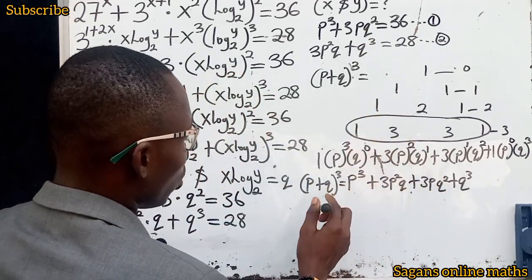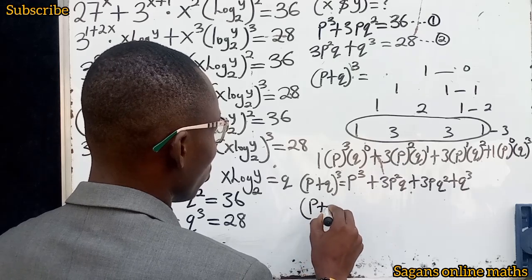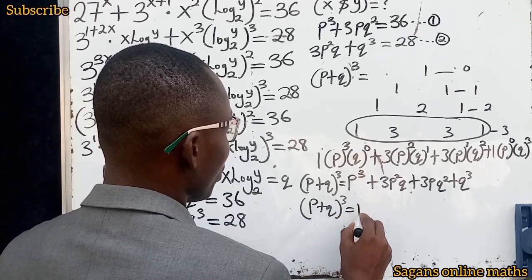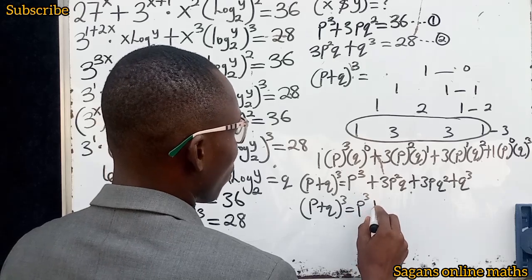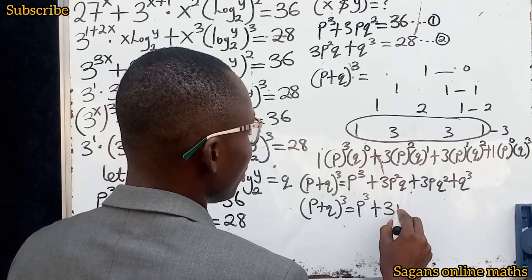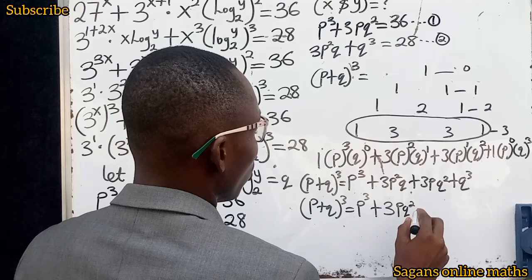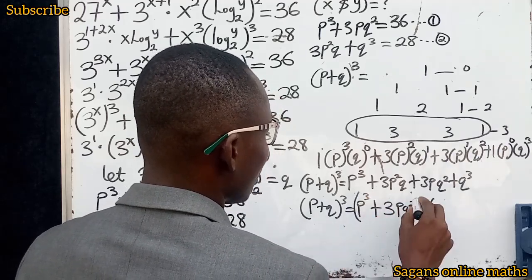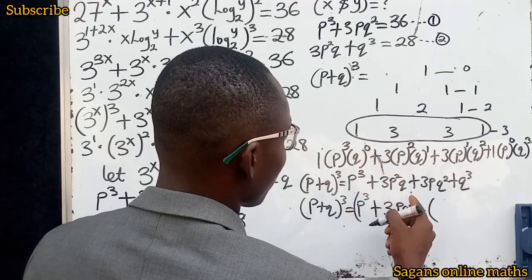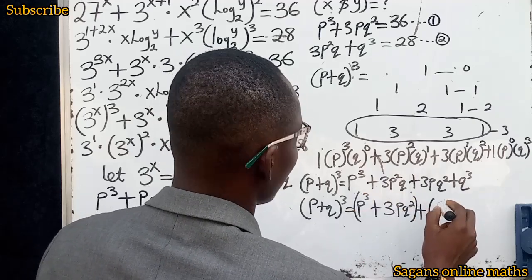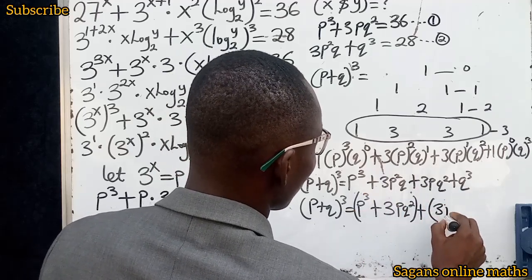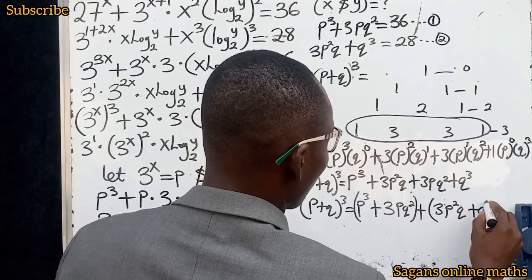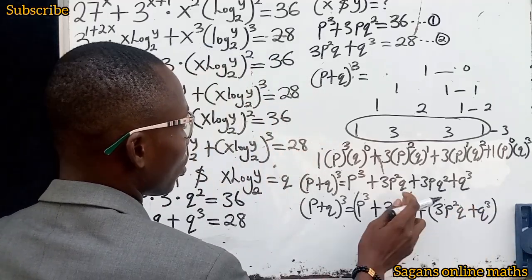Now p plus q to the power of 3 equals p to the power of 3, plus 3p multiplied by q to the power of 2, plus q, you can put this in the parentheses, q multiplied by 3p to the power of 2 plus q to the power of 3. Now let's combine this and this because they are the same.